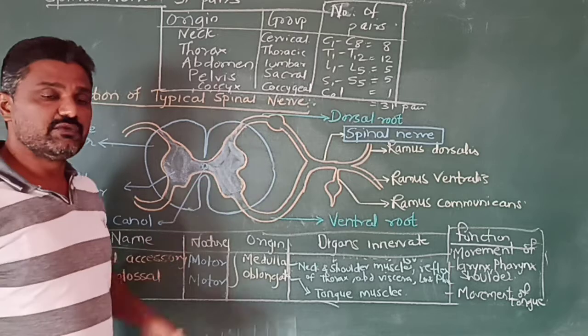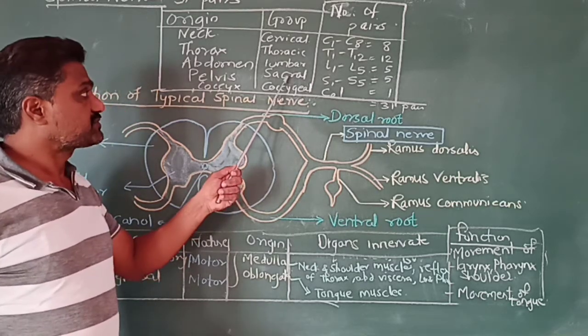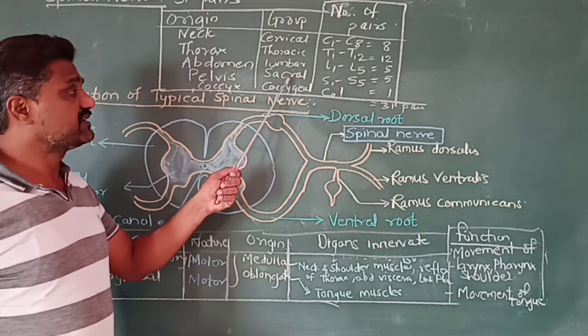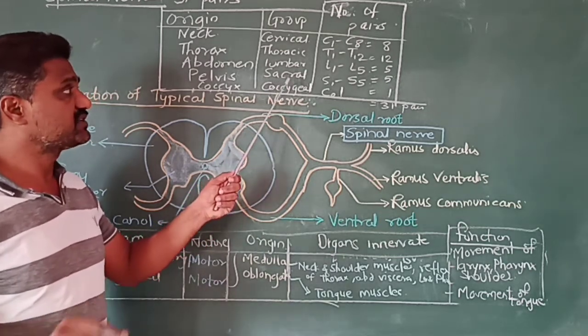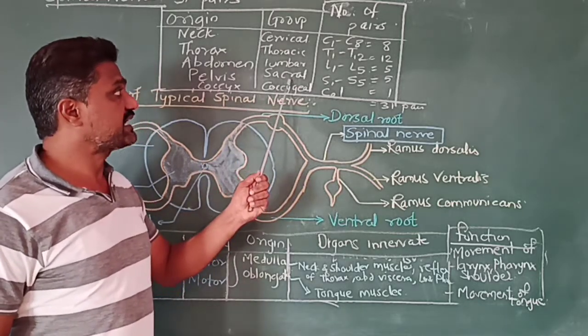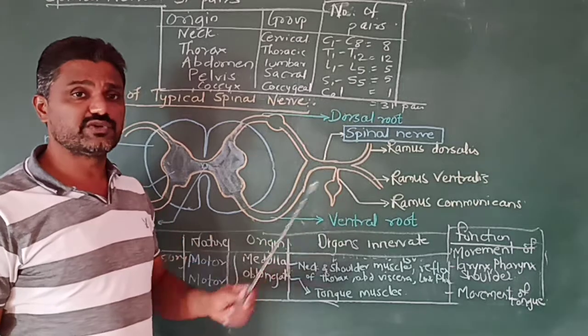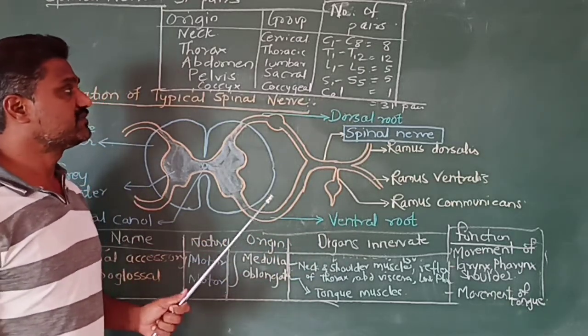Fourth is the pelvic region, the hip region, where the sacral bone is, formed by the fusion of 5 sacral bones. Sacral nerves originate from that region. So the sacral group forms S1 to S5, that is 5 sacral nerves.